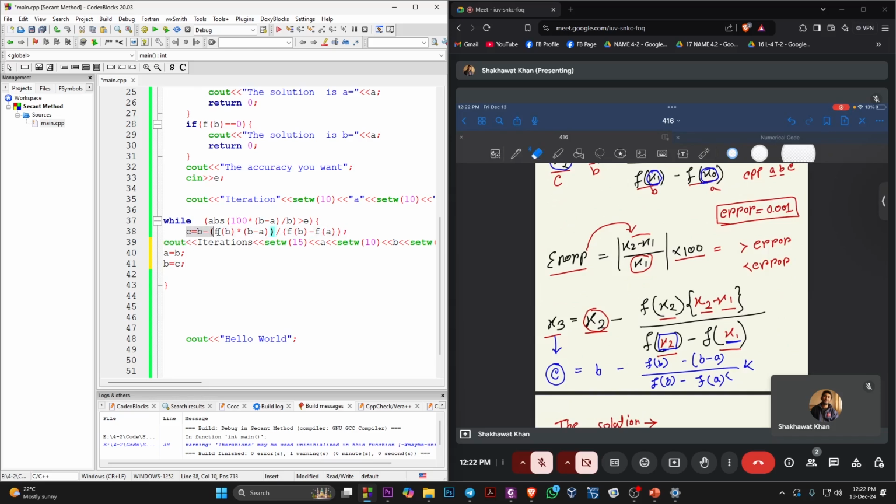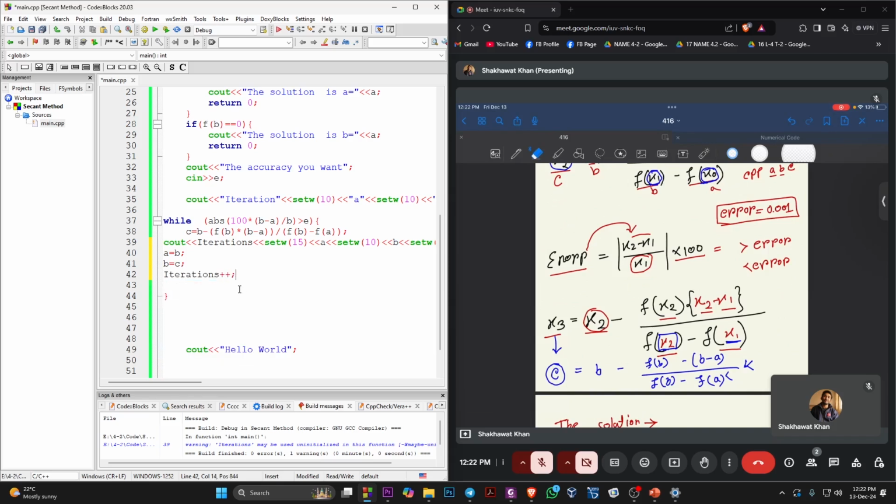After evaluating this C value, we will get one value, and again this B value would replace A, and this C value would replace B, and also we will get our new values for C. So here I would like to say iterations plus plus.